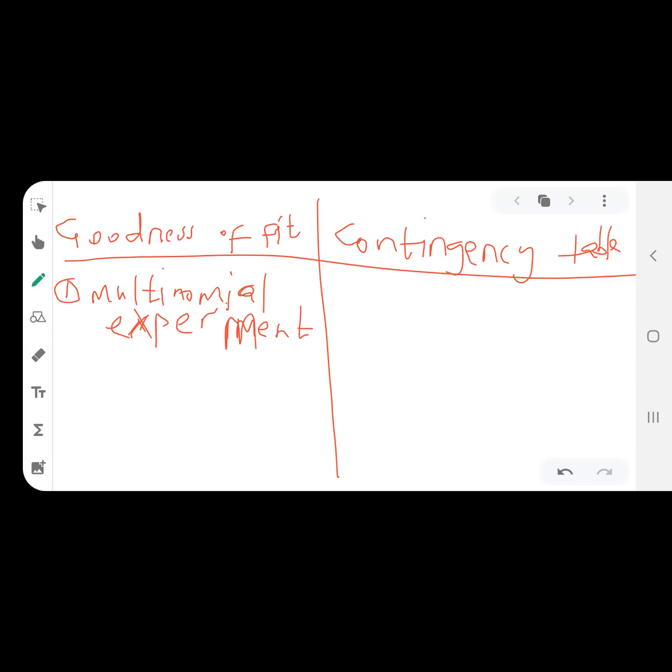We use it when we are dealing with a multinomial experiment. That is the first thing that you have to know. Second, under the contingency table, what are we dealing with? This is where we'll be testing for statistical independence of variables.